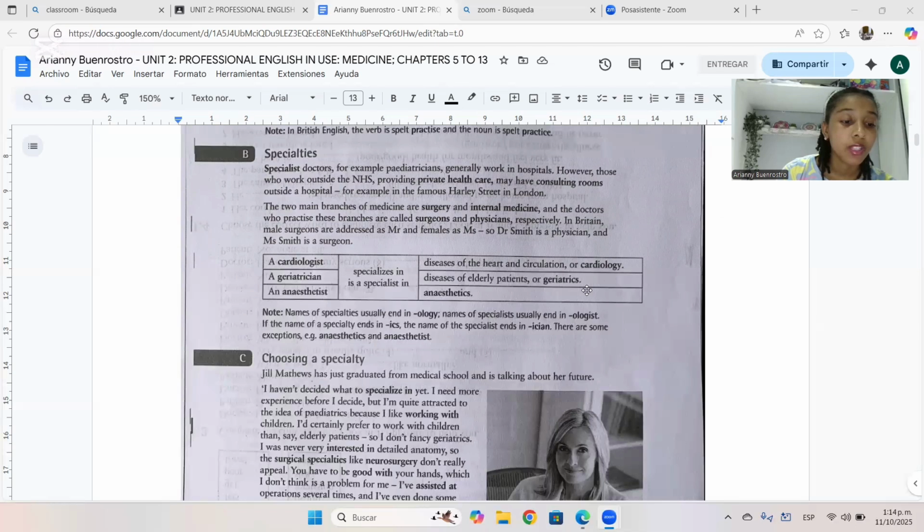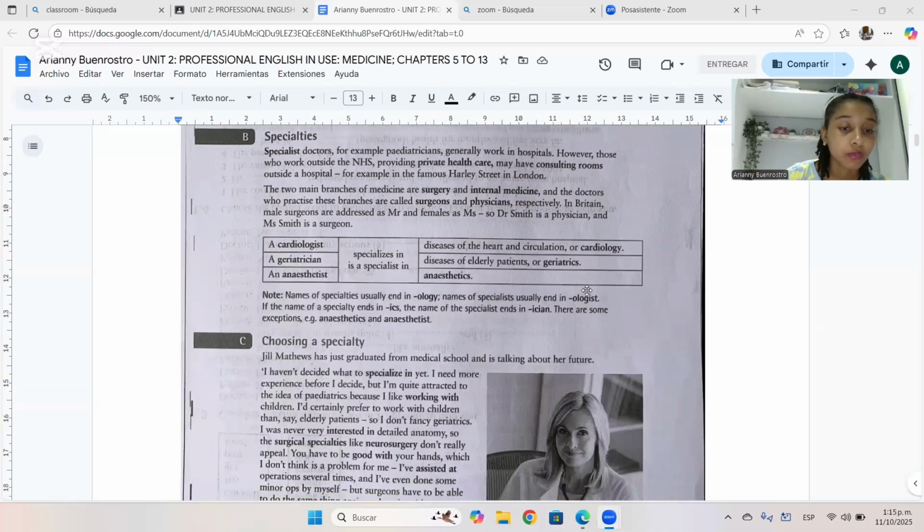In Britain, male surgeons are addressed as Mr. and female surgeons as Miss, so Dr. Smith is a physician and Mrs. Smith is a surgeon. A cardiologist specializes in diseases of the heart and circulation, or cardiology.